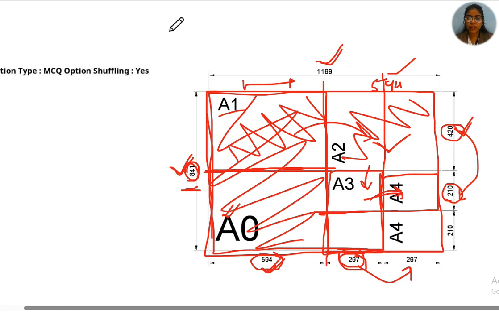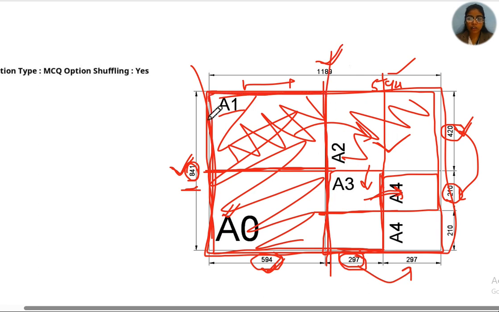Fine. You get to know the size of the A0 sheet. After that, as you know, the sheet size is decreasing, getting halved. So just draw this one, A0. Just write this dimension, 1189 and 841. After that, just start dividing it. This whole was your A0.